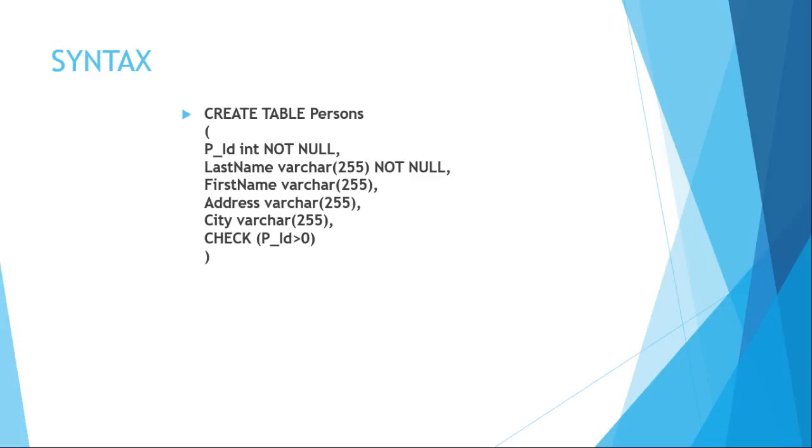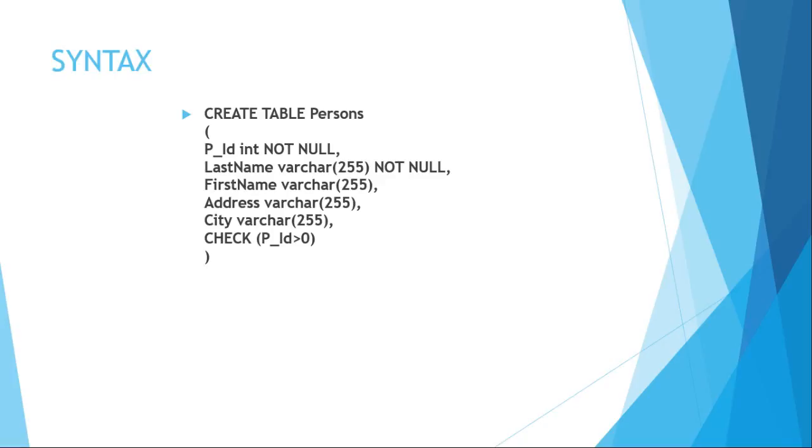As you can see, there is a part that says CHECK (PID > 0). The check here is to limit the range of values for the PID to only accept numbers greater than 0.